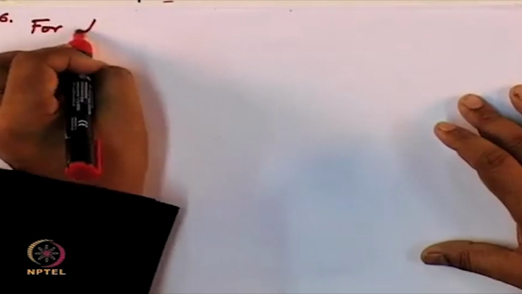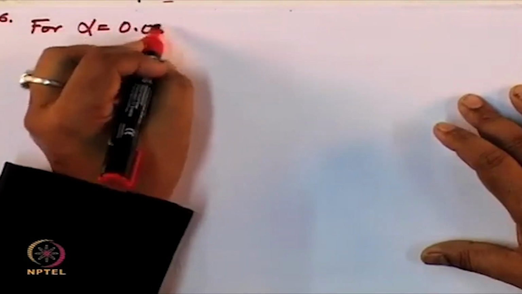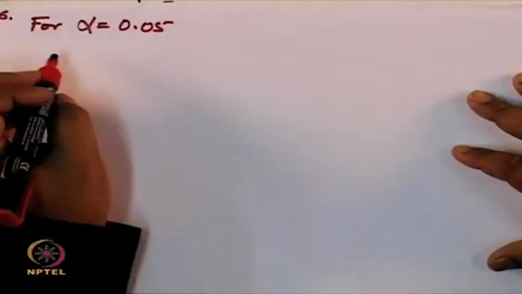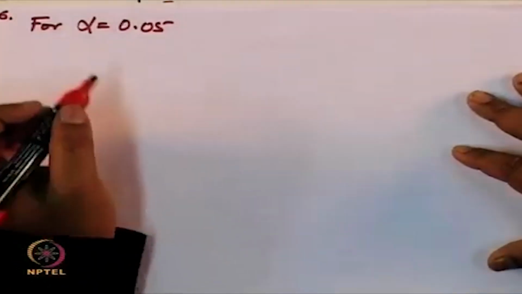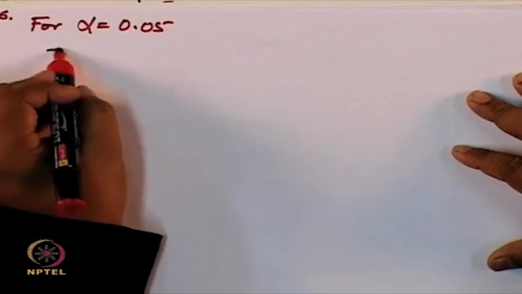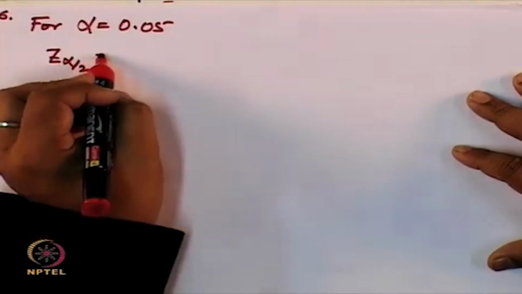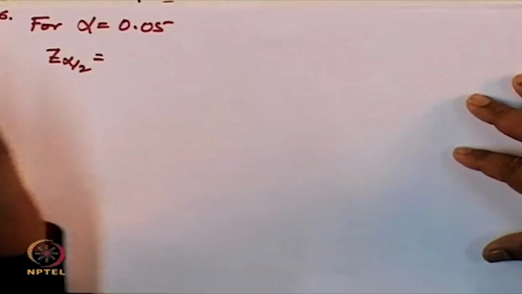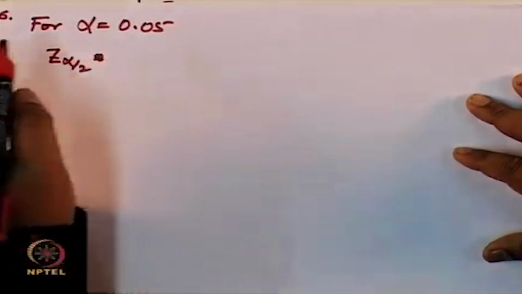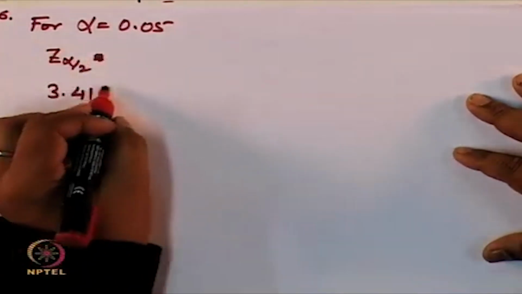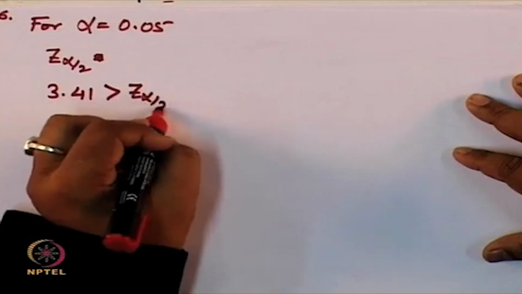So, for 95%, for alpha equal to 0.05, we know for a two tail test, Z of alpha by 2 is equal to 1.96. I know that 3.41 is much greater than Z of alpha by 2.